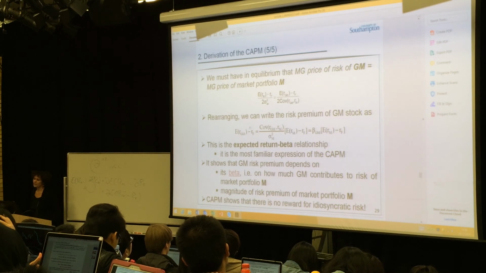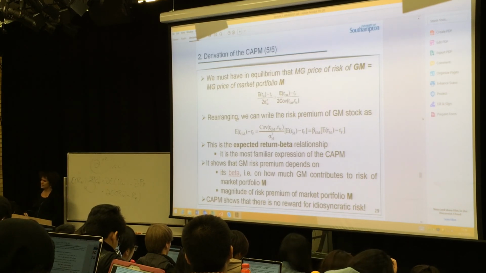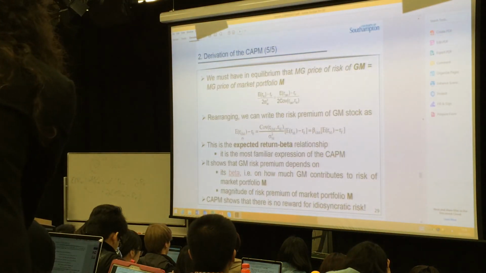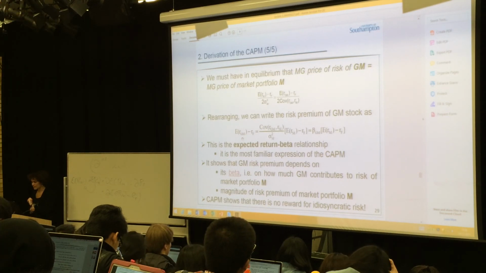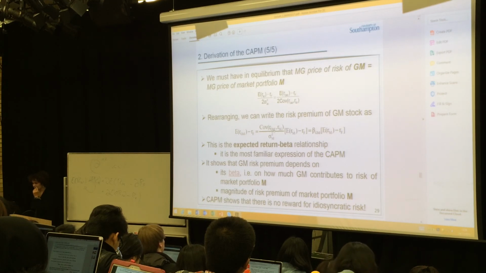What you should notice here is that in this relationship we are using expected return, not the actual return as in the case of the index model. We have the relationship that works out the equilibrium between the expected return and the beta. Beta is how much GM contributes to the risk of the market portfolio M, so it is the covariance.